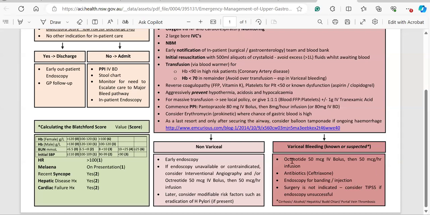So if we suspect variceal bleeding: IV fluid, wait for the blood, start them with 80 milligrams of pantoprazole, and then octreotide IV, antibiotic coverage, followed by endoscopy. Either we try to band the area from where the patient is bleeding, or we go for sclerotherapy.